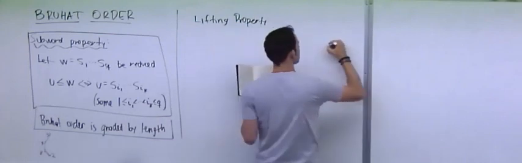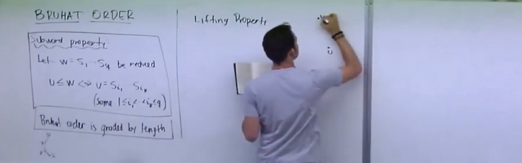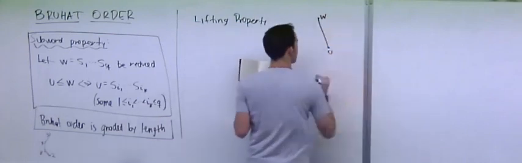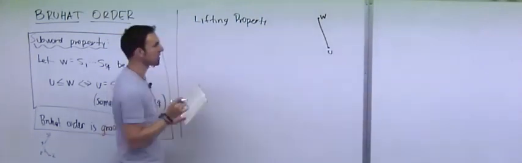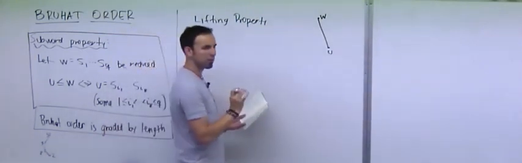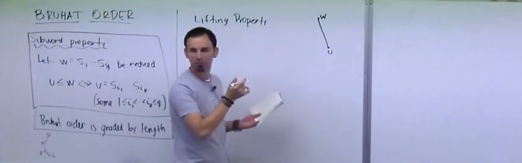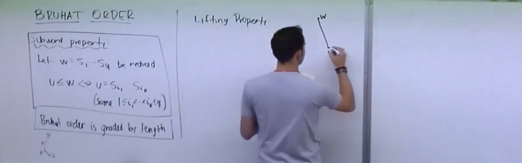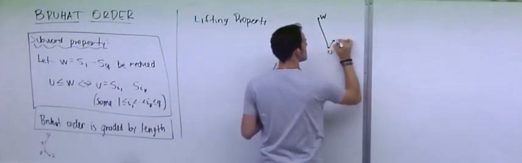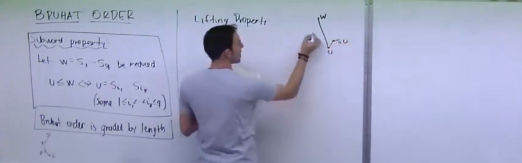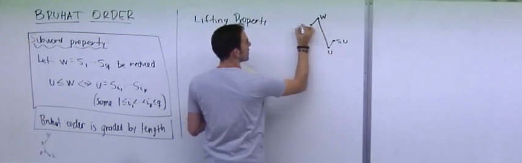So if you have some U which is less than some W in your poset, and if you can find a generator which makes U longer and W shorter. Okay? So U becomes longer when you multiply it by S, W becomes shorter when you multiply it by S.